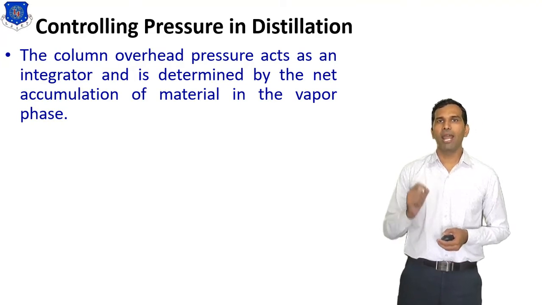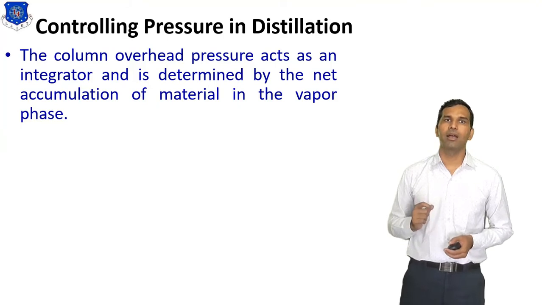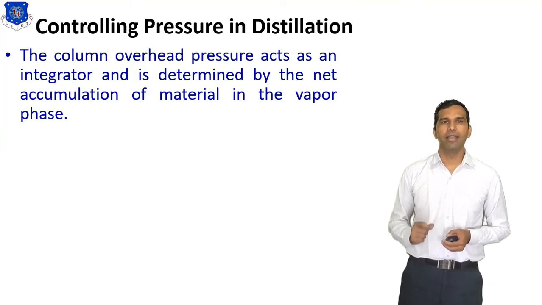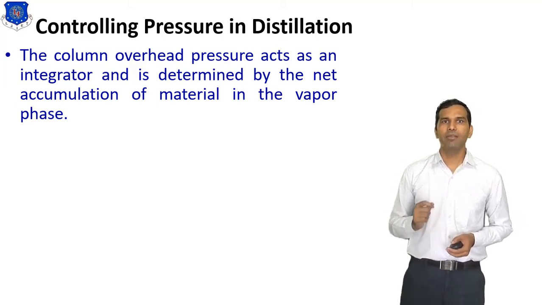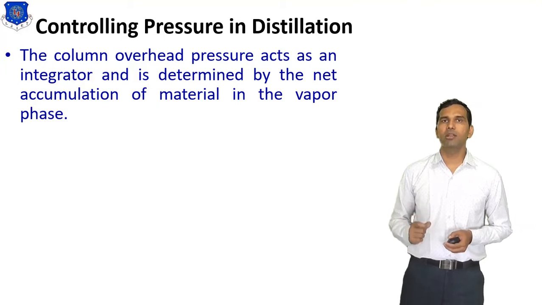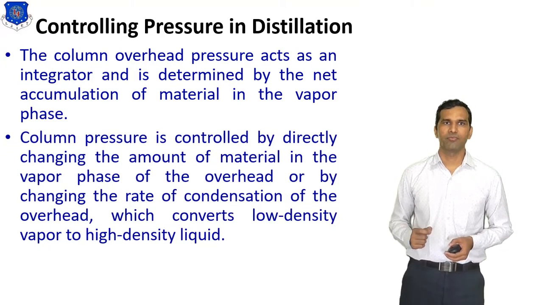The column overhead pressure acts as an integrator and is determined by the net accumulation of material in the vapor phase.